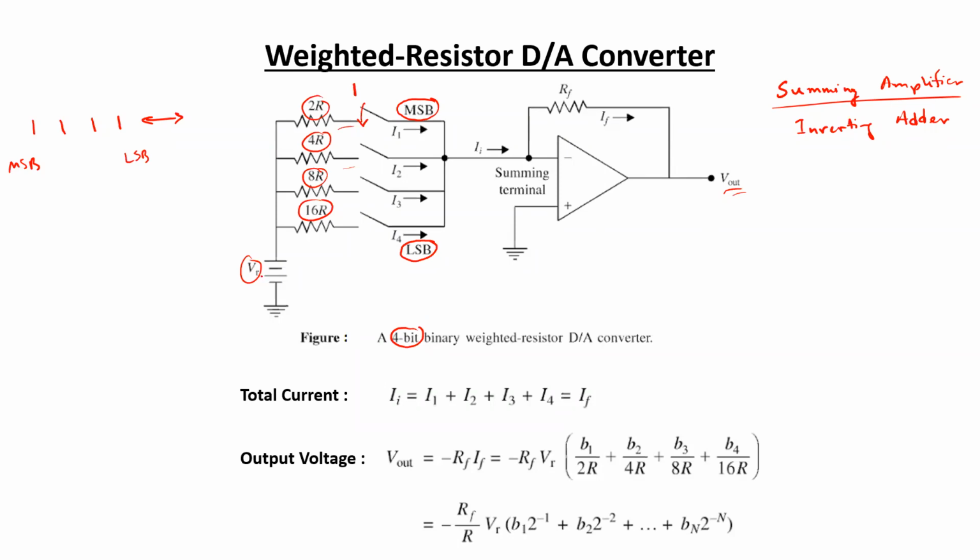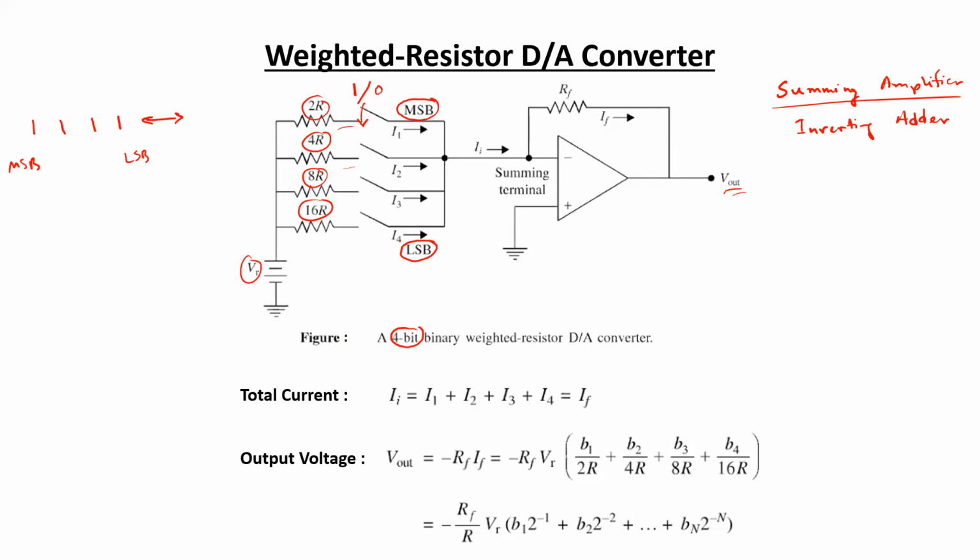And if the switch is open, then even if there is the reference voltage over here, this path will be open, so no current will flow. So for that instant, it can be said that this corresponding branch is representing the binary bit 0. And that is the same for all the other branches as well. So the switch is indicating the state of the bit, whether it is 0 or 1, depending upon whether the switch is open or closed.